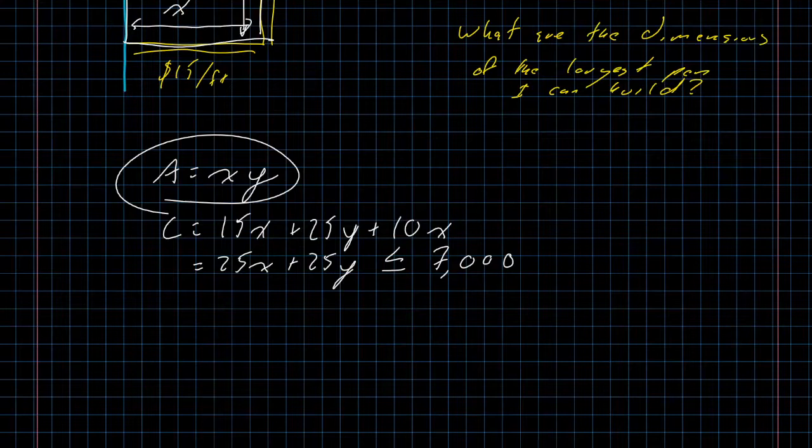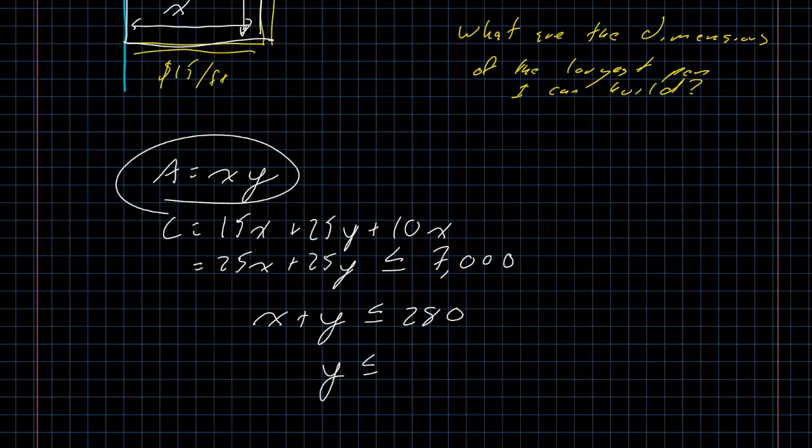The setup in this particular problem is relatively nice to us. I can take this inequality and divide both sides of it by 25 to get that x plus y is less than or equal to 280, which means that, solve for y, why not?